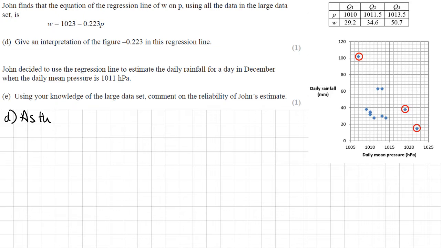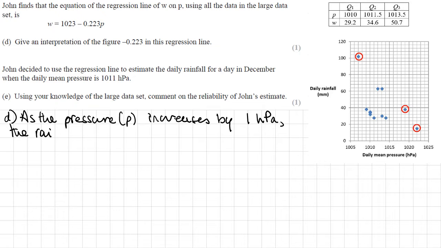As the pressure, that's P, increases by 1 hectopascal, hPa, the rainfall decreases, because it's a negative, by 0.223 millimeters. So use the words rainfall and pressure. So rainfall, I guess I could put a little W in brackets there. That's part D.